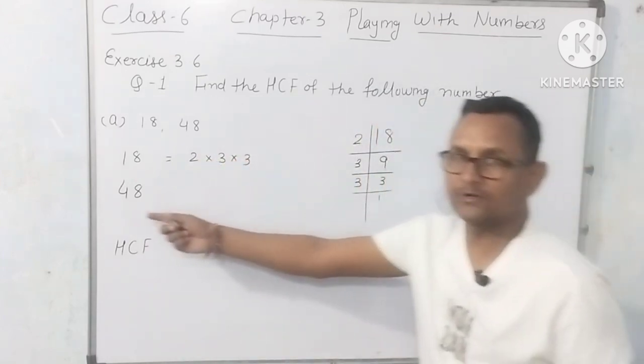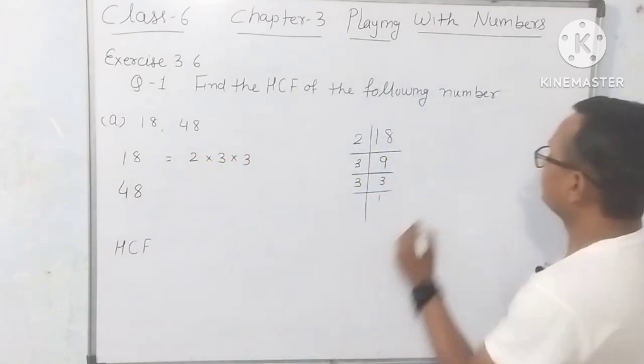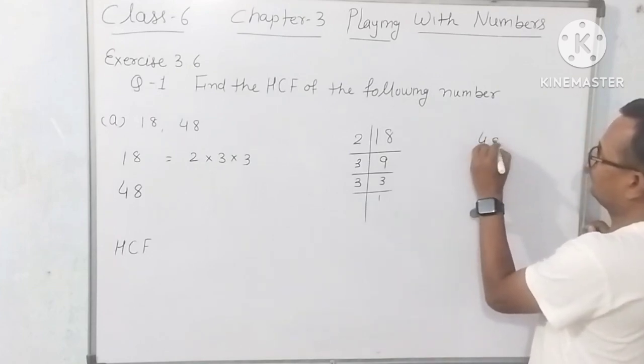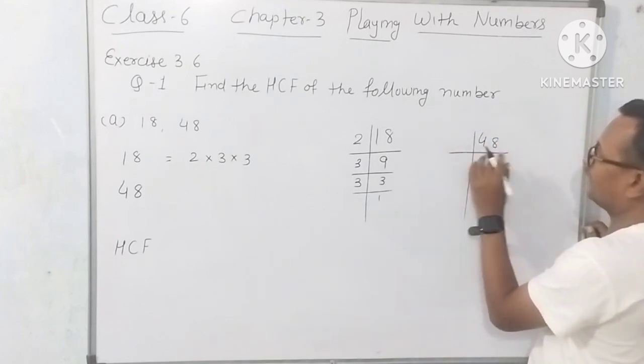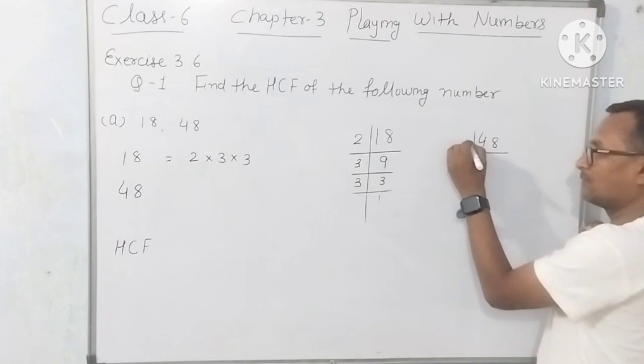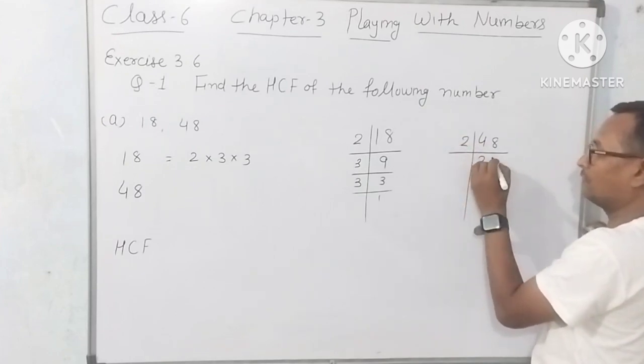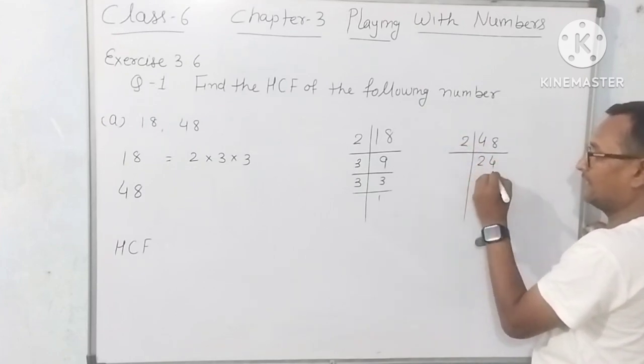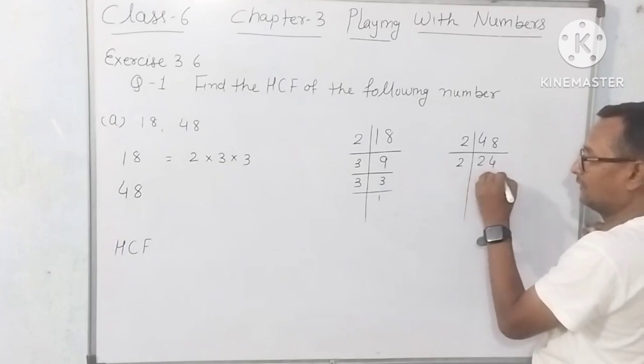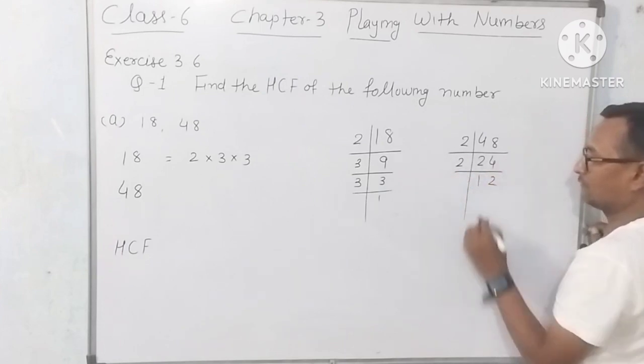Now we have to find the prime factors of 48. Again 8 is an even number, so it is divisible by 2. 2 2s are 4, 2 4s are 8. Again an even number, so it is divisible by 2. 2 1s are 2, 2 2s are 4.